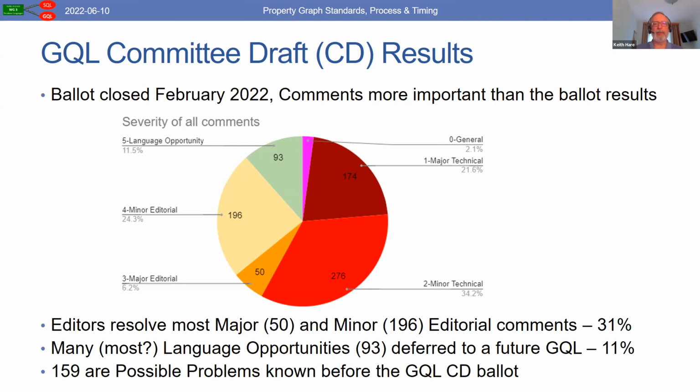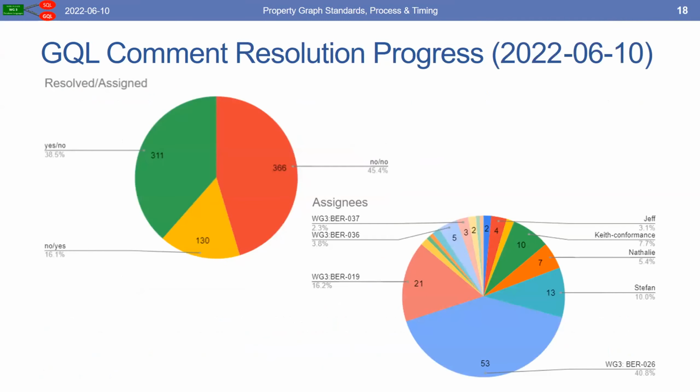Some of these were possible problems that we knew about before the GQL CD ballot, but still a fair amount of comments. We have been working on resolving the comments. As of last Sunday, when I updated this, we had resolved 38% of the comments.